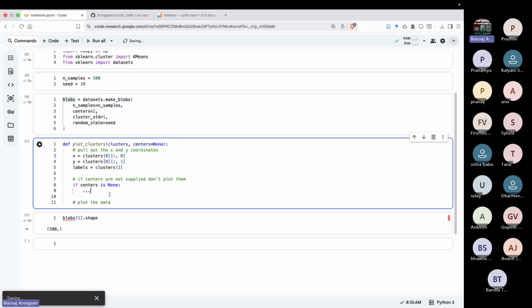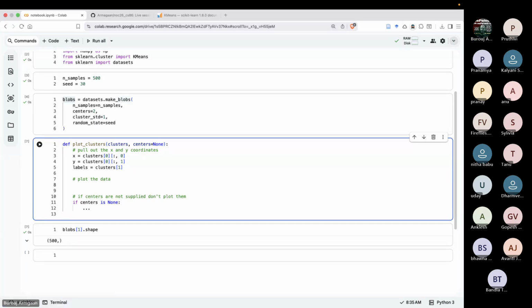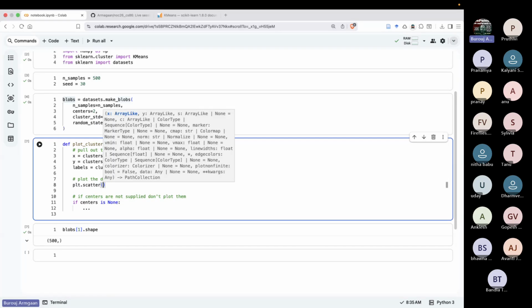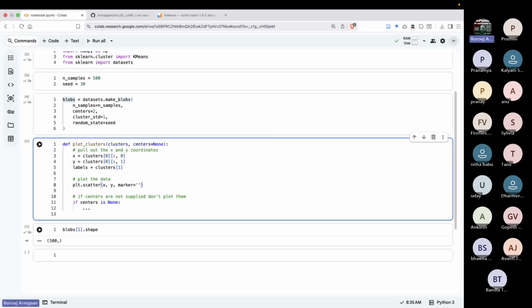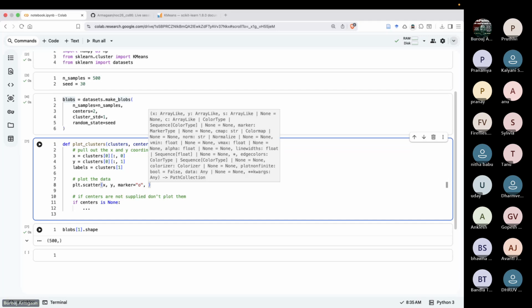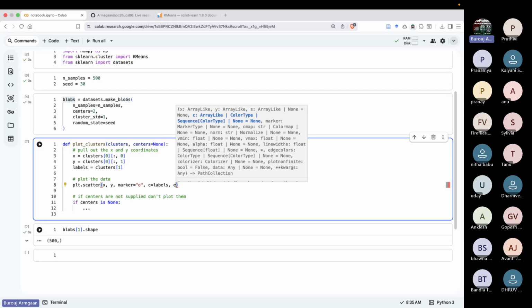So this would shift up. We can call this PLT scatter. This is our X coordinate. This is our Y coordinate. Please use, suppose, this marker. And for labels, use this.